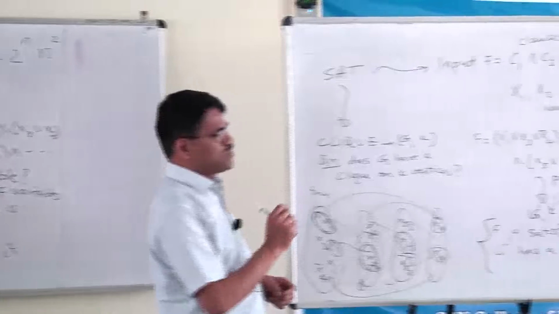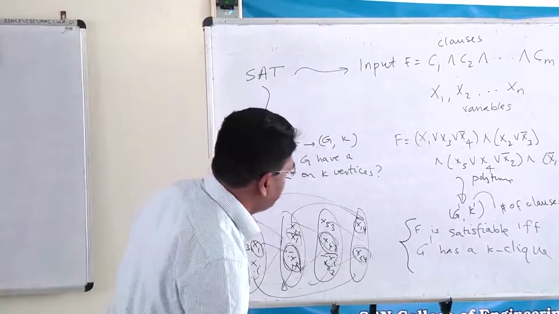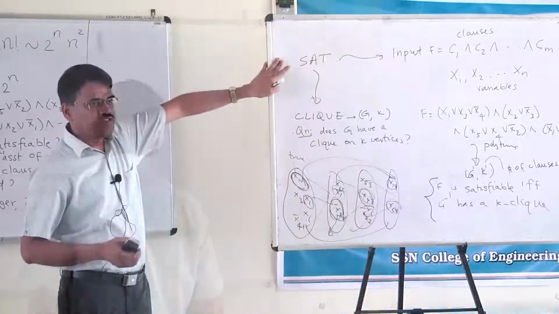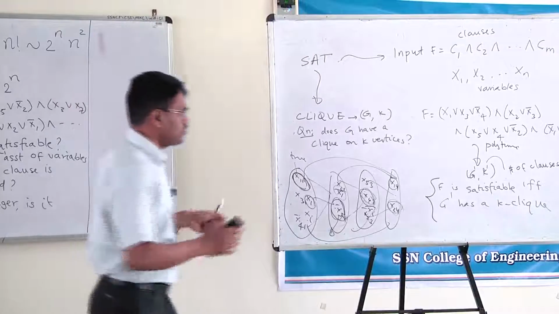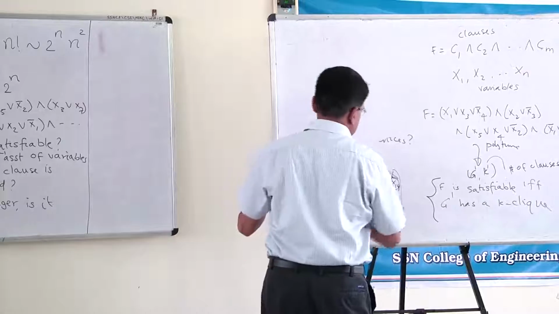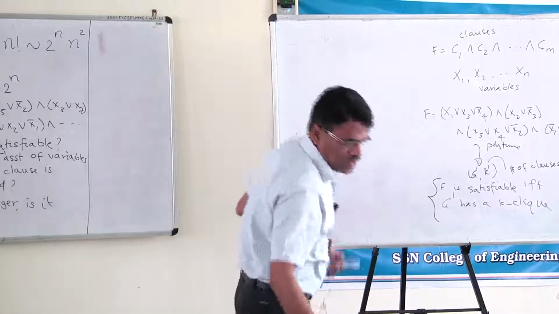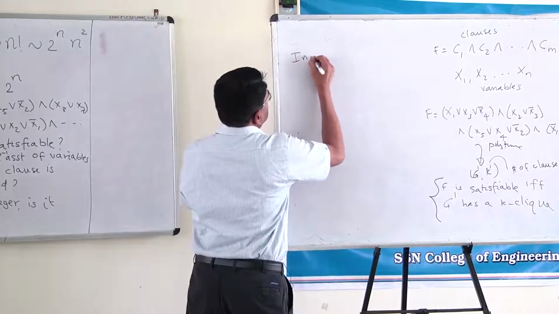Let's do one more simple example now, which you should be able to get, and then we will stop for a break. We defined the conjunction of disjunctions reduction to the clique problem. You can ask something similar to clique, which is called an independent set.